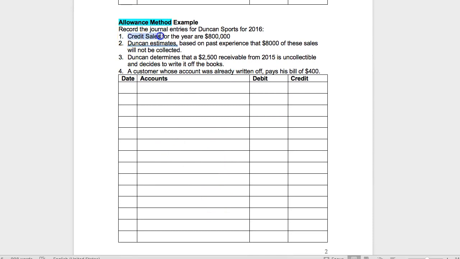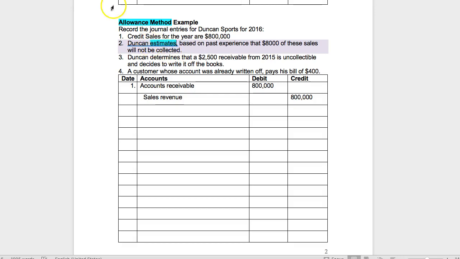Okay, moving along, let's take a look at the allowance method example. So question 1, credit sales for the year. We have accounts receivable increasing, and we have sales revenue. Okay, number 2. Let's have a look. Duncan estimates, based on past experience, that $8,000 of these sales will not be collected.